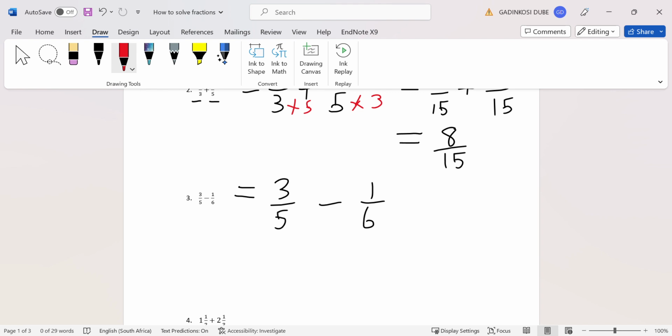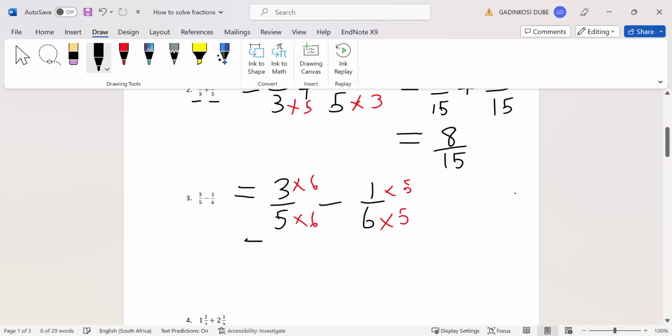So if that's your lowest common multiple, you're going to multiply by 5 times 6 there, 6 times 6, okay, that gives you 30. And then from there onwards you can have your new denominator, which is the common multiple.